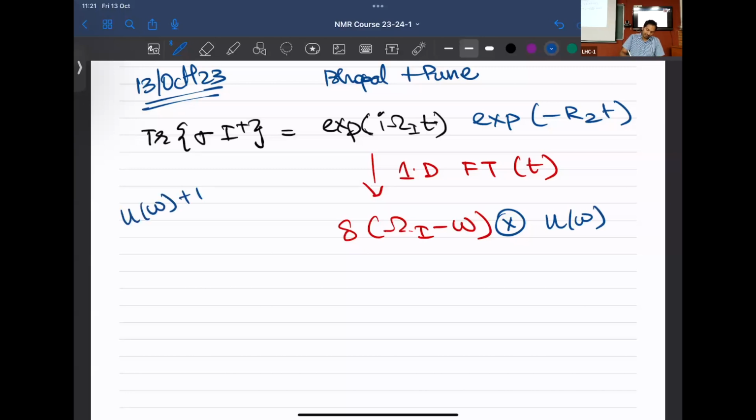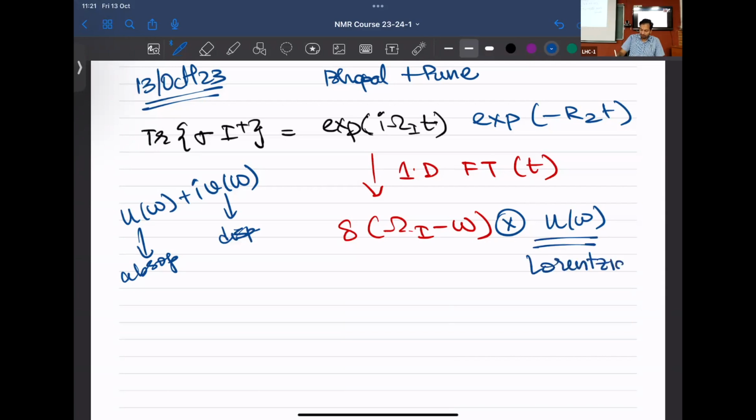Where this is the absorptive part and this is the dispersive part. So this is what gives the Lorentzian line shape for NMR signals. So therefore, you are able to accept that if the density matrix has a certain frequency, that can be picked up after you do Fourier transformation, right?